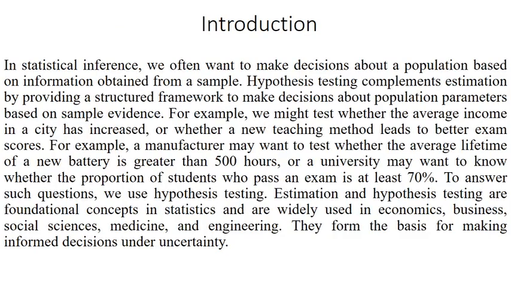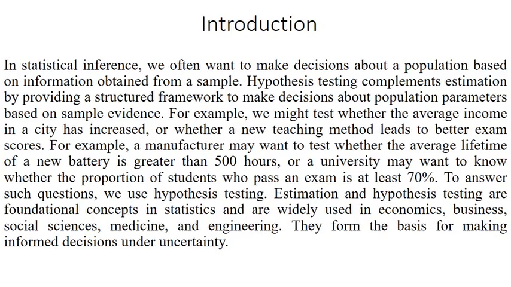Introduction. In statistical inference, we often want to make decisions about a population based on the information that we observed from the sample. That is what we do in statistical inference. We want to make a decision about the whole population based on information we obtain from the sample.